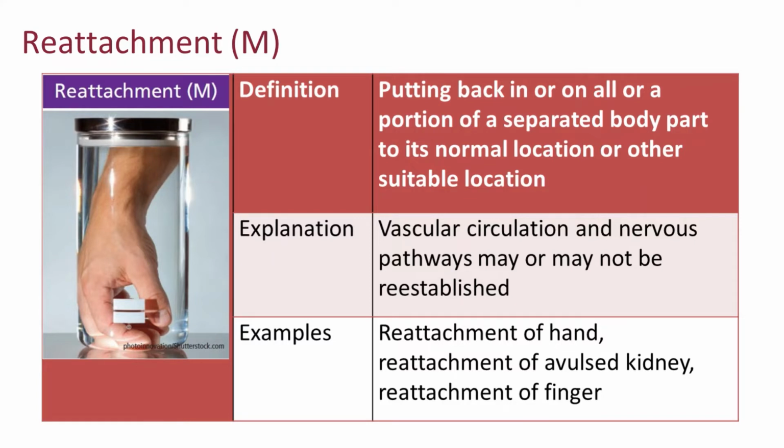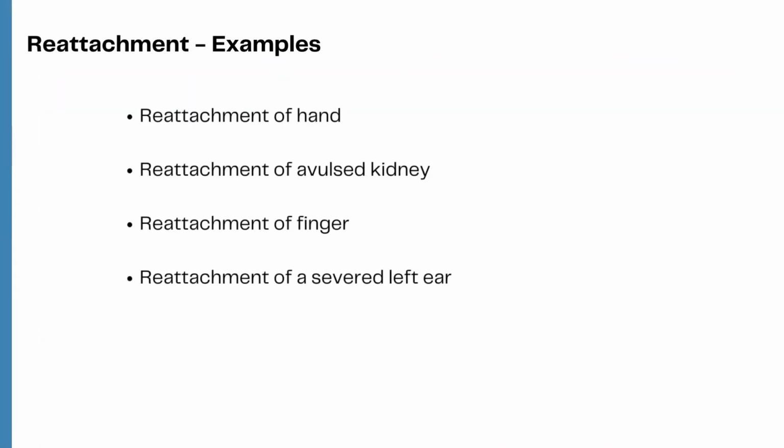Nerves and blood vessels may or may not be reconnected in a reattachment procedure. Some procedures require the nerves and blood vessels to be reattached, and some may not require it. These are examples of procedures that fall into the root operation of reattachment: reattachment of hand, reattachment of avulsed kidney, reattachment of a finger, and reattachment of a severed left ear.